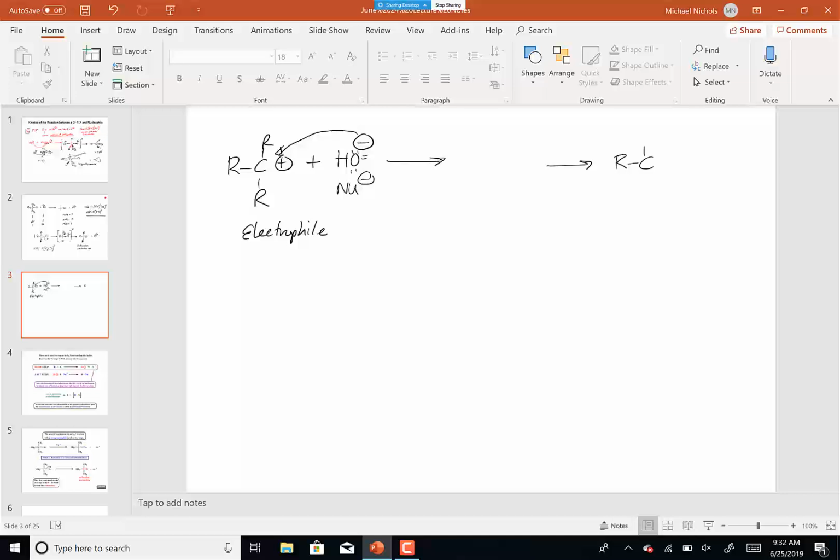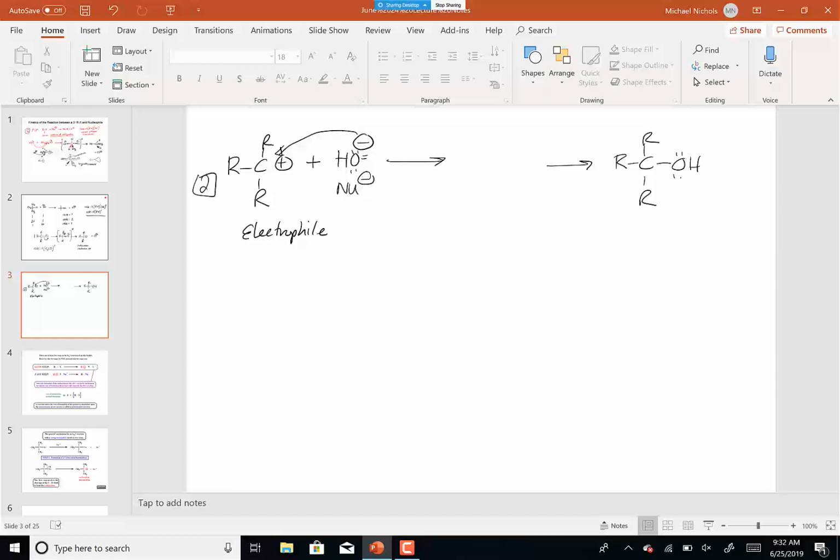So in my final product, I'm going to form my substitution product, where I've now added the hydroxide, formed the CO bond. So this is step 2. Nucleophile reacts with the carbocation.